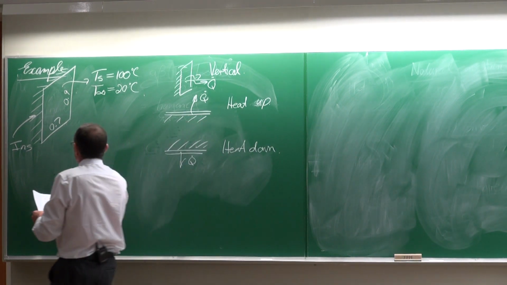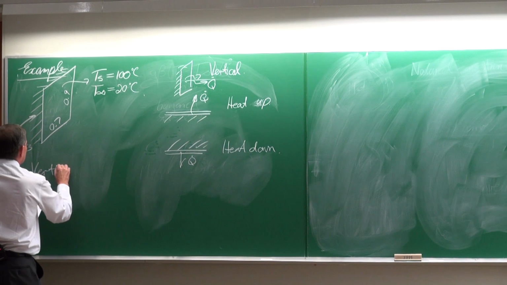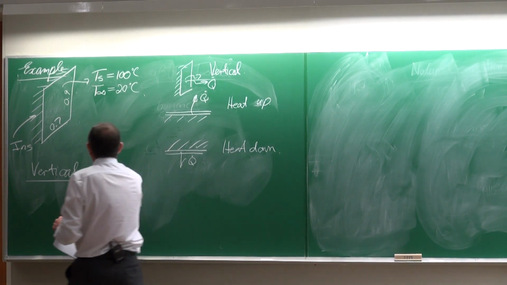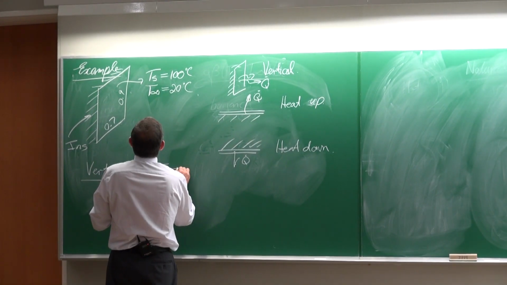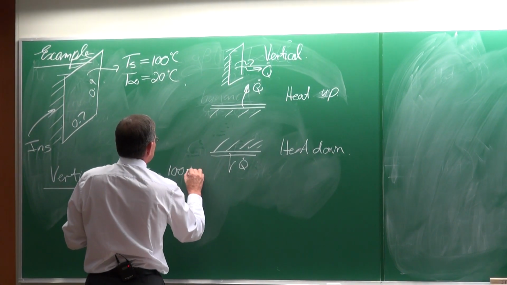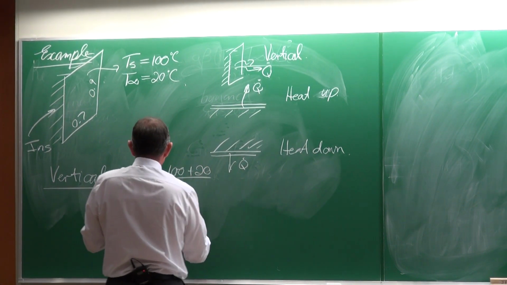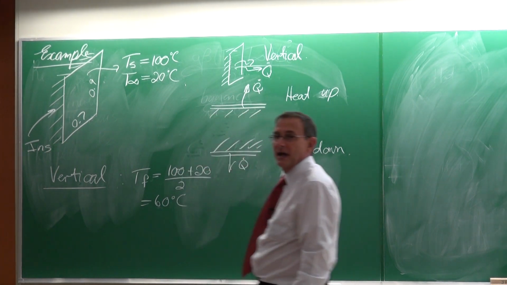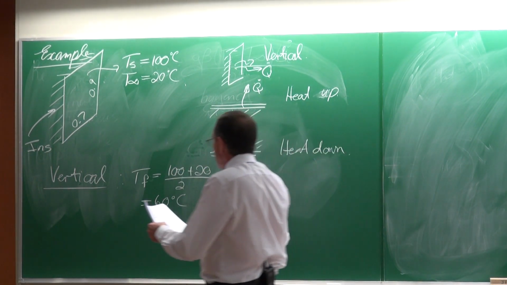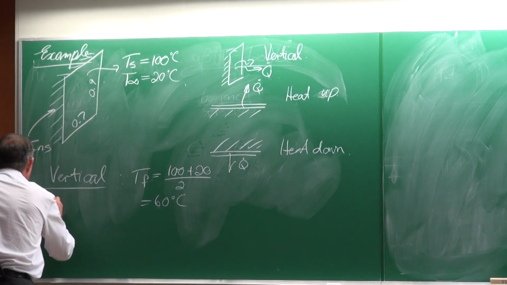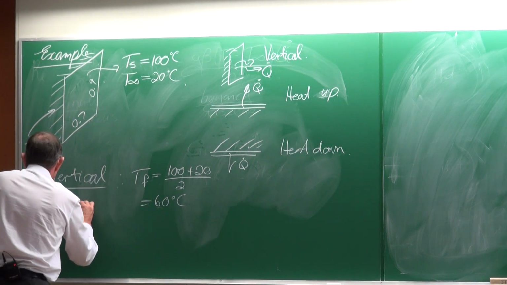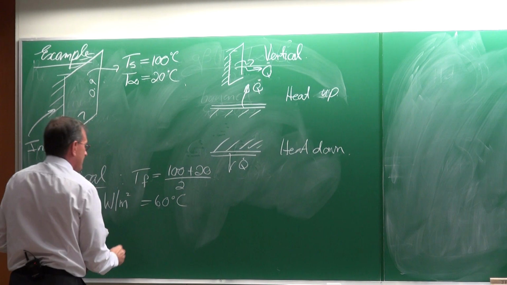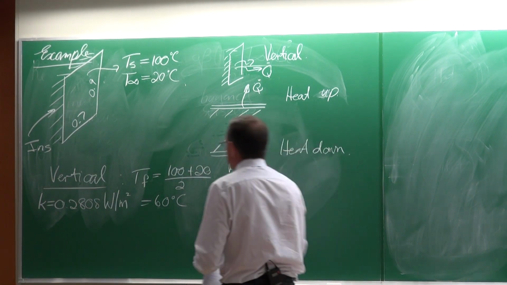Right, let's start with the vertical plate. The vertical plate, we've got a film temperature, which we're going to say is the average of 100 plus 20 divided by 2, and that is equal to 60 degrees Celsius. So we would like to get the air properties at 60, and those are a k value of 0.2808 watts per meter degrees Celsius.